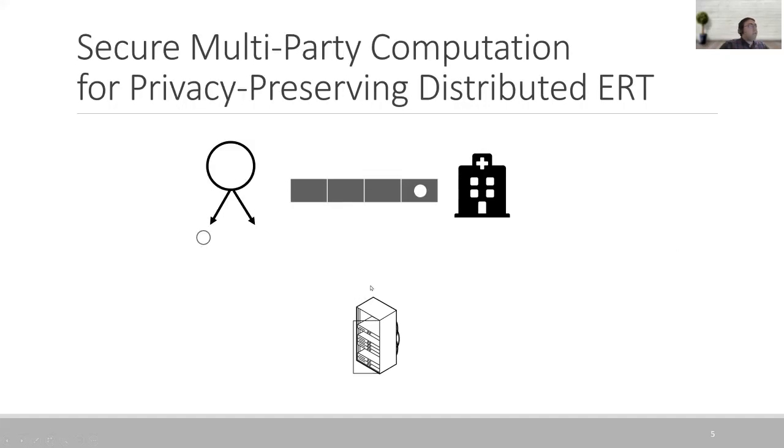So with the distributed ERT algorithm, we preserve the privacy of record owners to some extent by not sharing the data values of attributes with other parties or the mediator. But still, there is a risk of revealing some sensitive information about the patient.